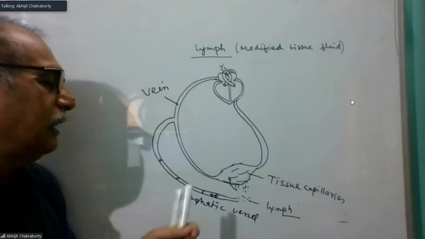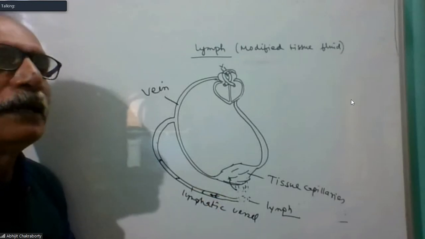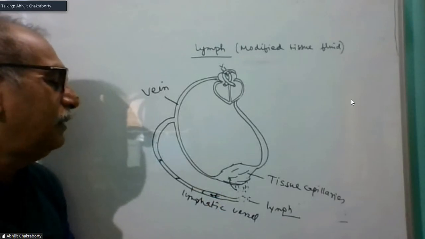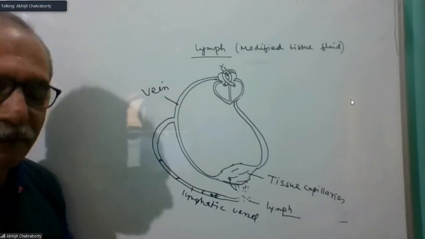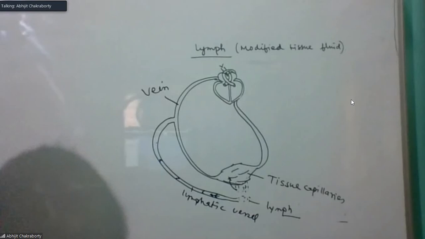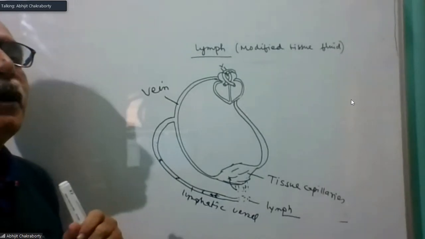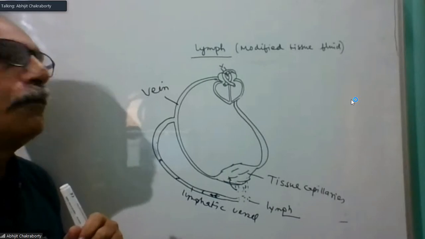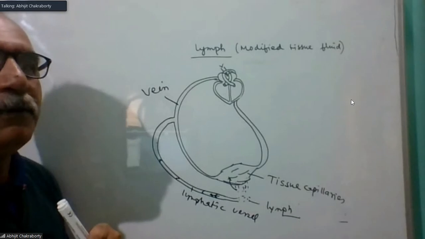what happens? A part of this will be converted to a modified tissue fluid called lymph. Lymph is carried by the lymphatic vessel, and in the lymphatic vessel, you will get some valves, and these ensure one-way flow of lymph. This is what lymph is, a modified tissue fluid.